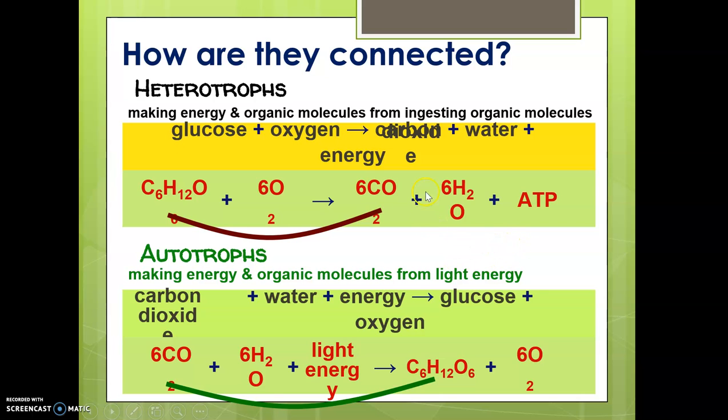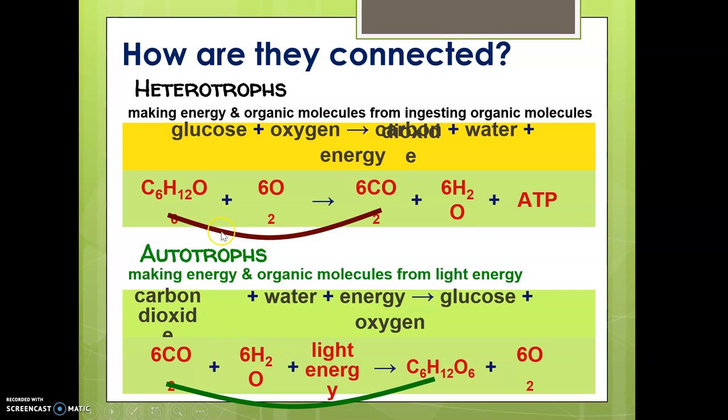I know with PowerPoint this slide got kind of messed up, but this just says carbon dioxide. So how are they connected? This slide is basically to show you that the chemical formula for cellular respiration, which is the one on the top for heterotrophs, is the exact same as the chemical formula for autotrophs, so for plants, except flipped.